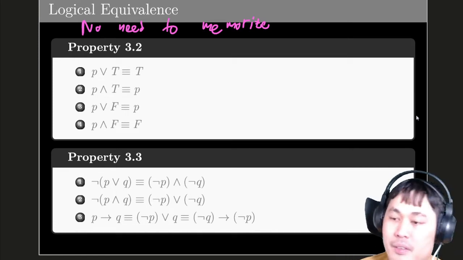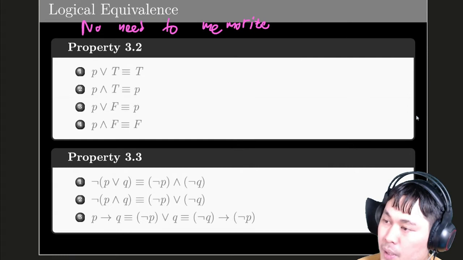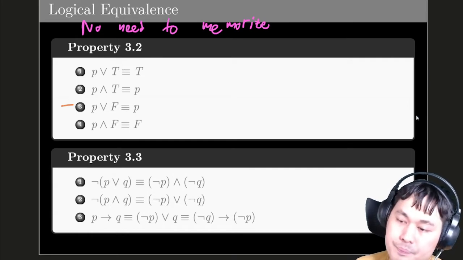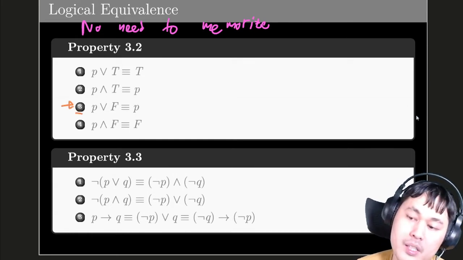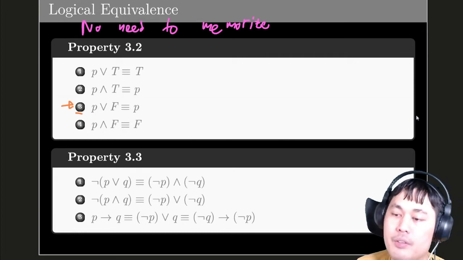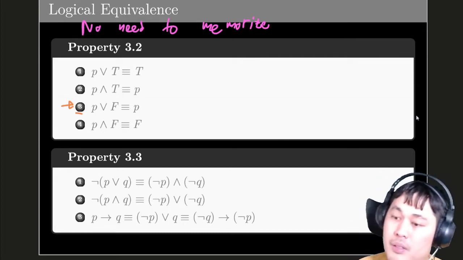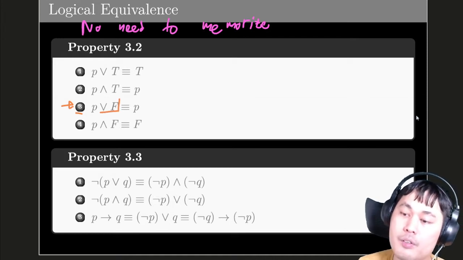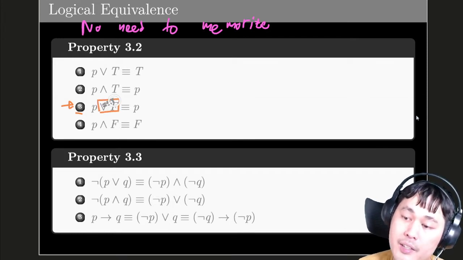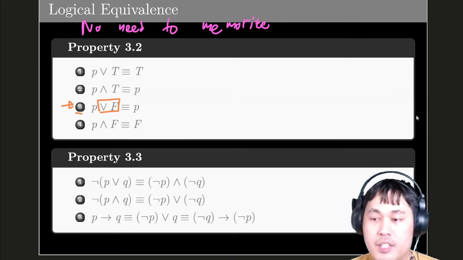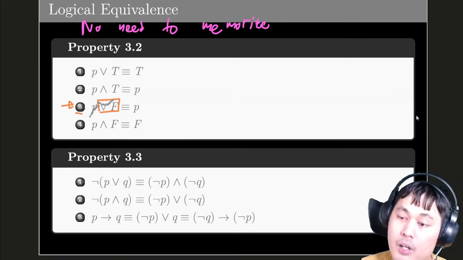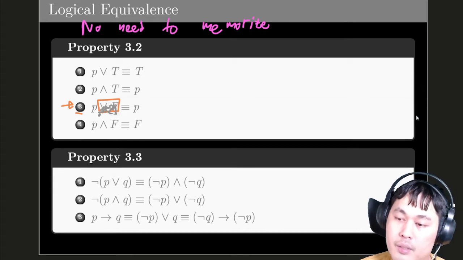Okay, so let's go over them together. For instance, the third statement we just did: P or false is equivalent to P. What it means is that if you know that something is false already, and then you combine it with another statement using or, then it doesn't matter.